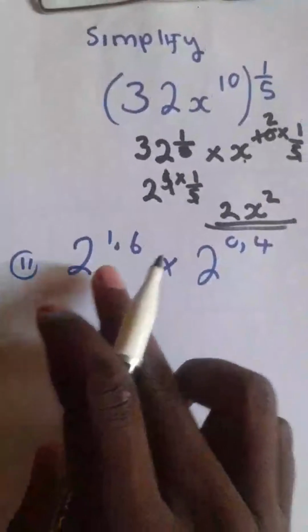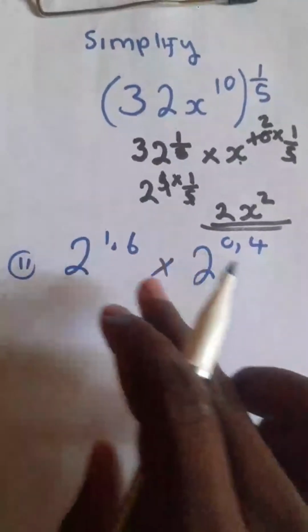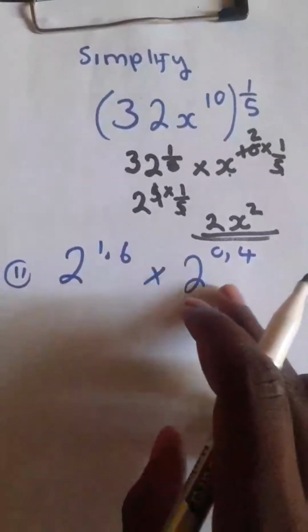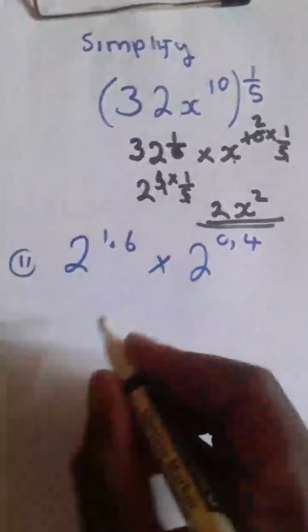So 2 raised to the power of 1.6 times 2 raised to the power of 0.4.